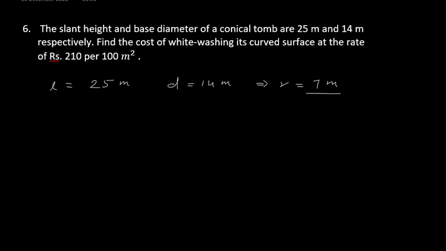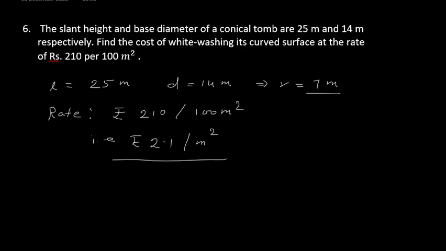Find the cost of whitewashing its curved surface at the rate of rupees 210 per 100 meter square. So we will divide by 100 and we will get 2.1 rupees per meter square.